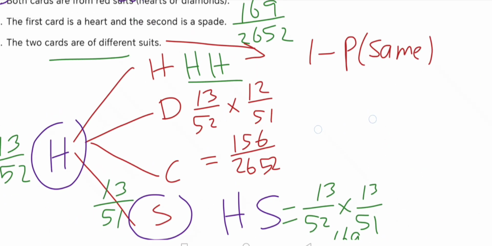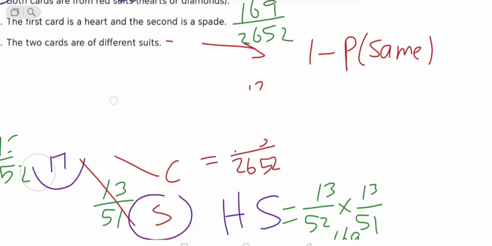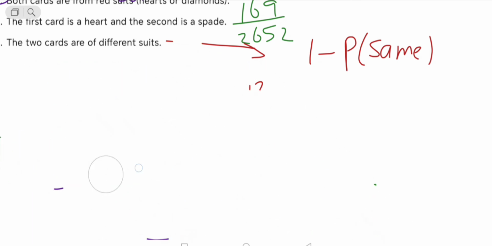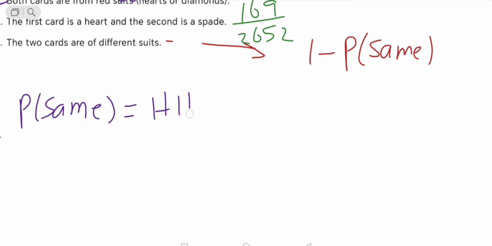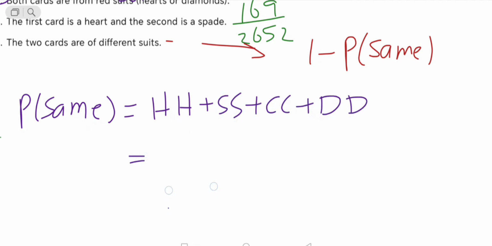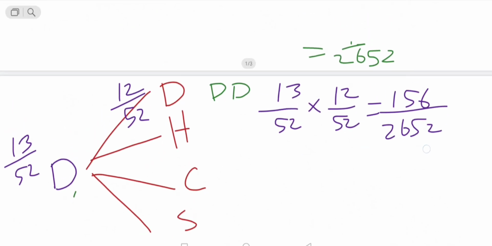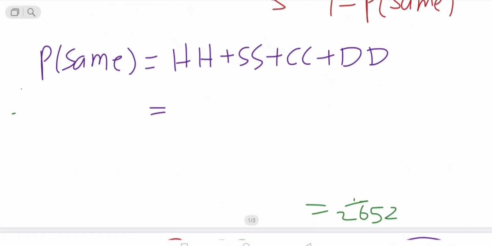Okay, as I told you here, let me erase because I need space here. Probability of same: HH plus SS, CC and DD. Probability of HH or DD is the same, which is 156 over 2652.